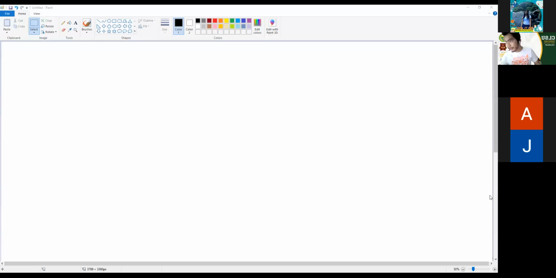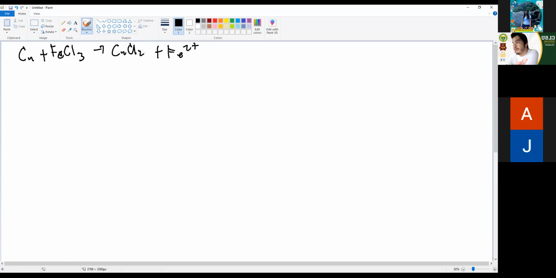So sa unang question, ang sabi, si copper solid nag-react daw kay aqueous ferric chloride, so that means FeCl3, forming copper chloride and Fe2 ions.